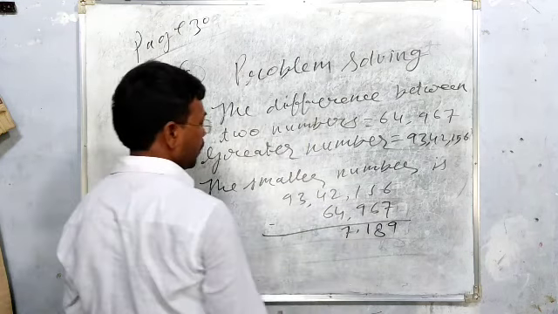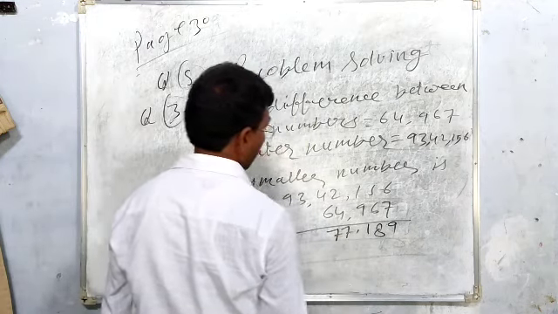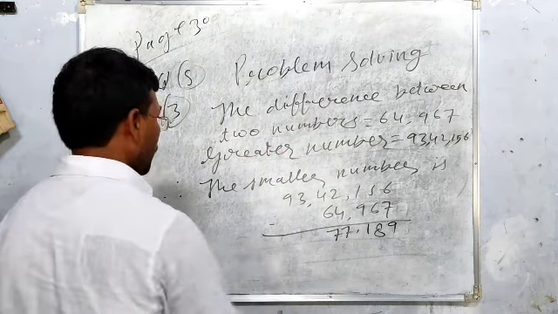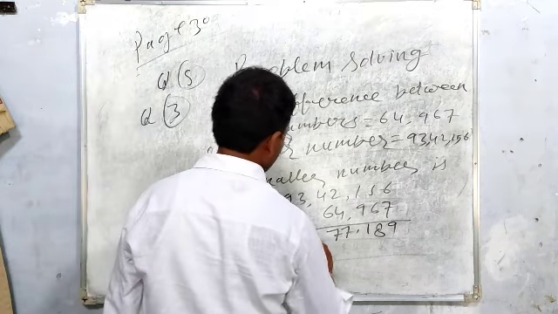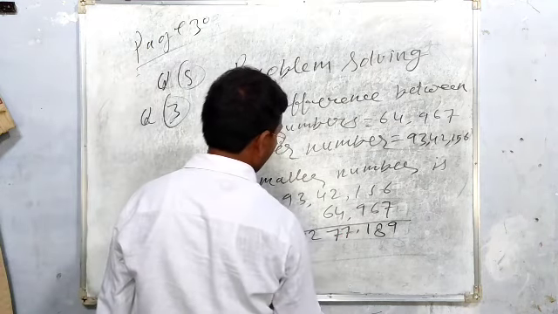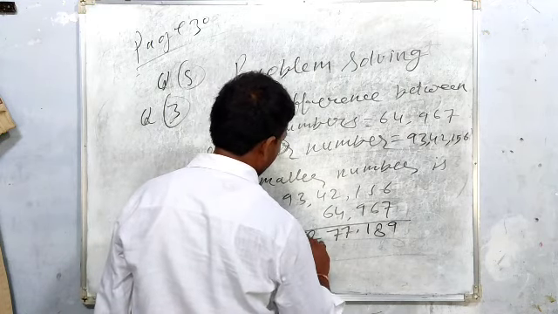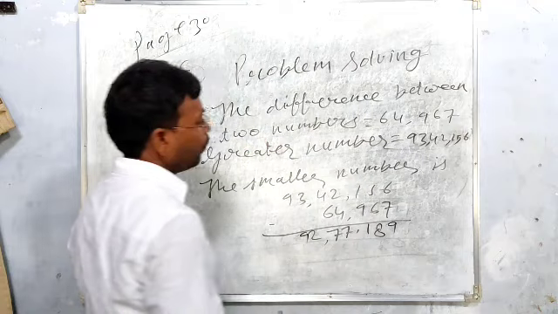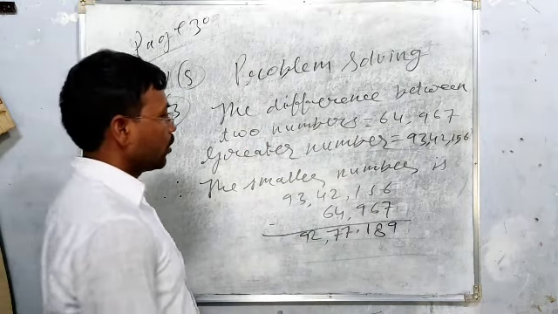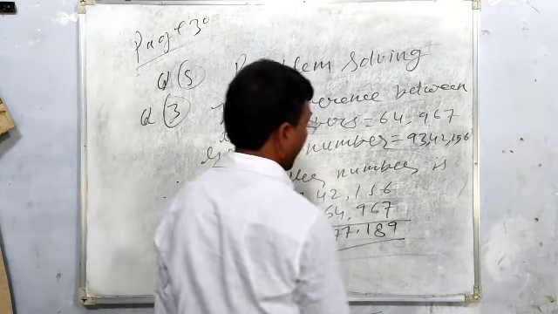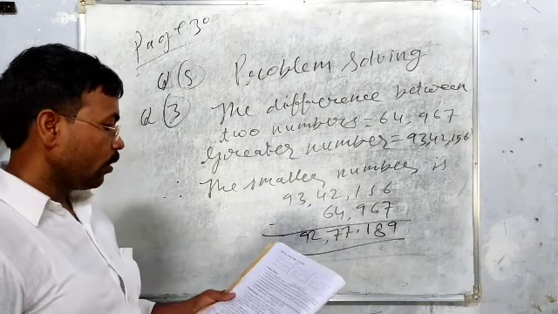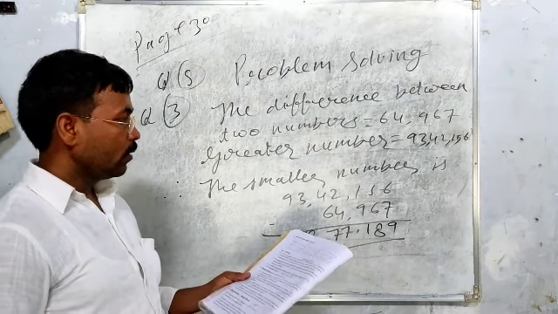And here 13 minus 6 is also 7. And then here 2 is remaining. That is 92 lakh 77,189.